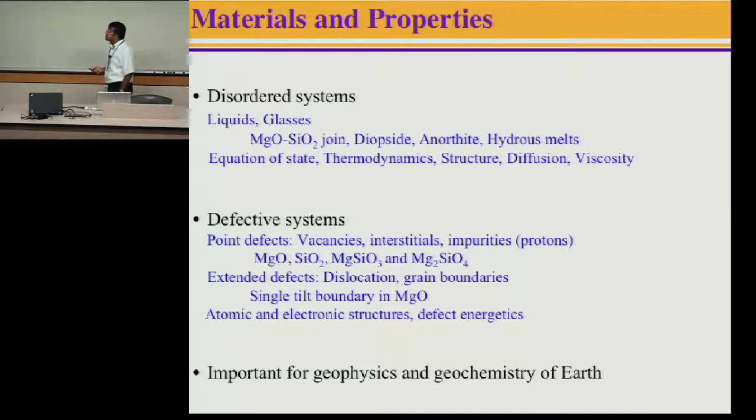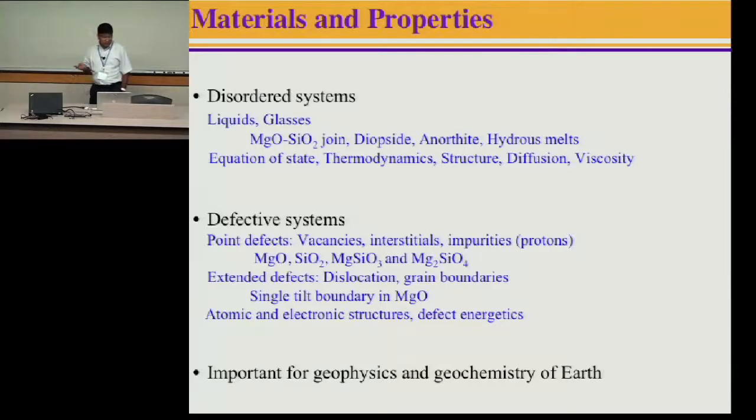and viscosity. And for defective systems, we look at mainly, so far, point defects, so native defects like vacancies or interstitial atoms, and also impurities, only protons so far, and look at these four minerals. We also plan to do extended defects and did a little bit of work in MgO.